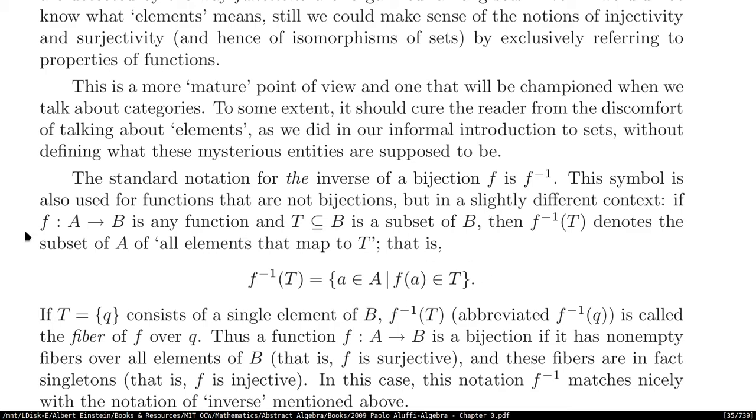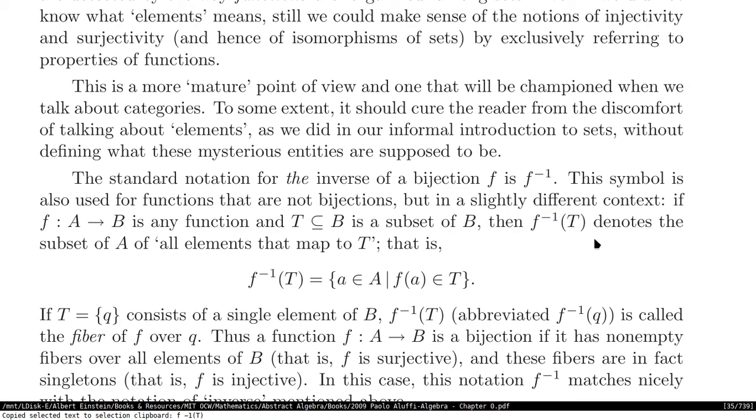If f is a function, any function, it doesn't have to be bijective, and you have a subset T of B, then f to the minus 1 of T is read as the pre-image of T under f, and that denotes all the elements of A that are mapped to T.